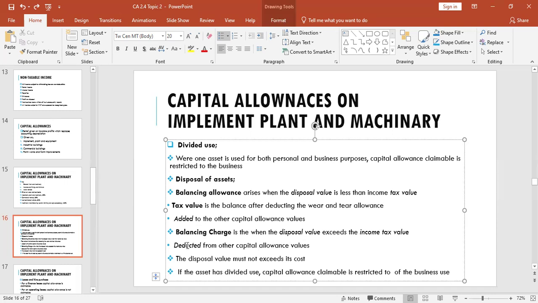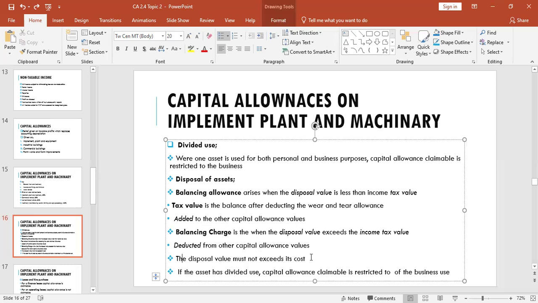So a balancing charge is deducted from all these other capital allowances. All these other capital allowances are positive, but this one, the balancing charge, is supposed to be in brackets, signaling that it's a negative. Then disposal value must not exceed its cost.